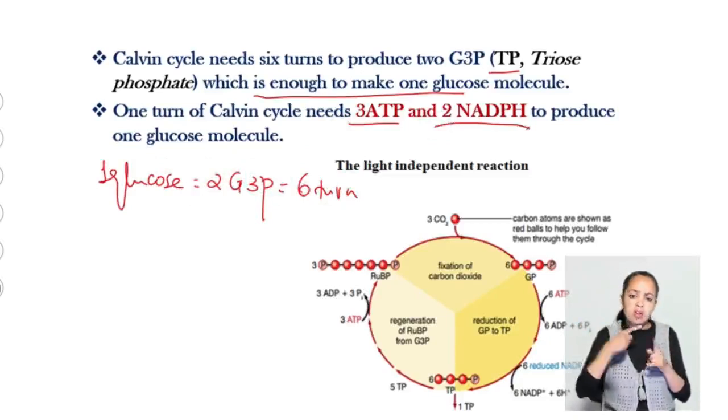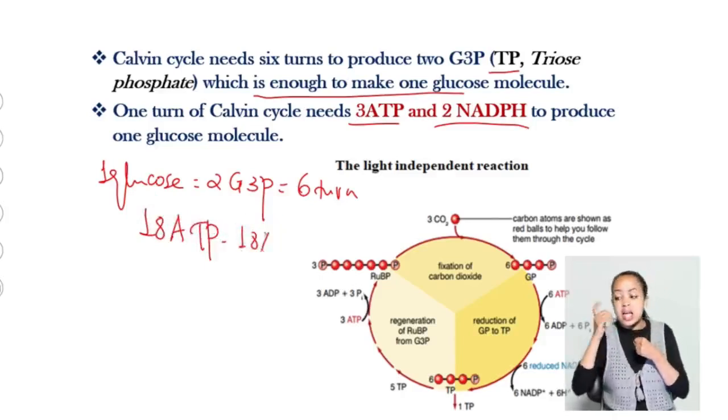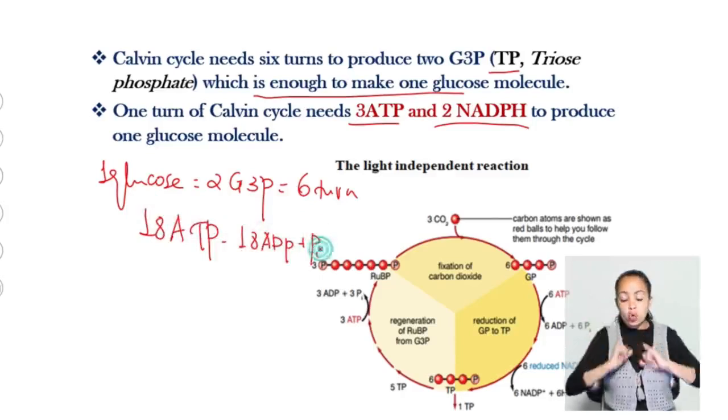From 6 turns, this consumes about 18 ATP molecules, which break down into 18 ADP molecules plus 18 inorganic phosphate molecules.